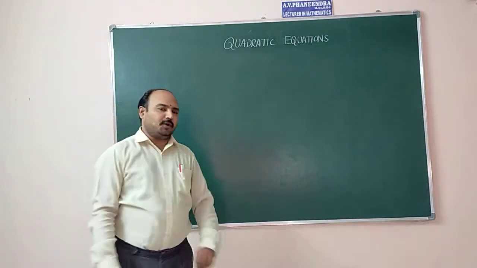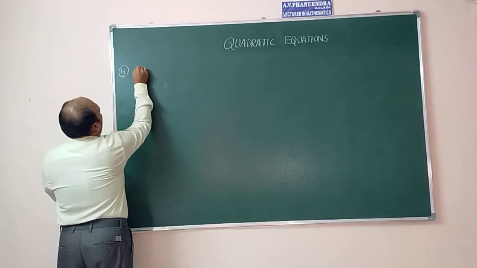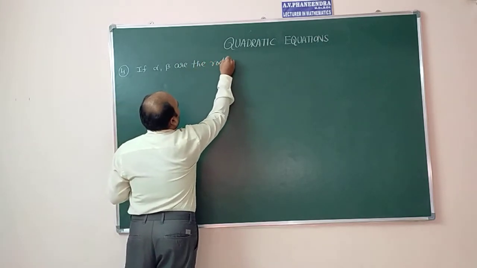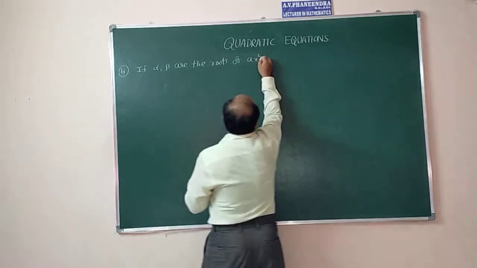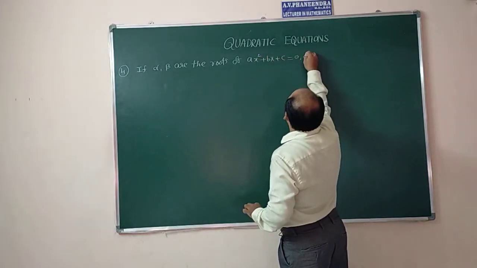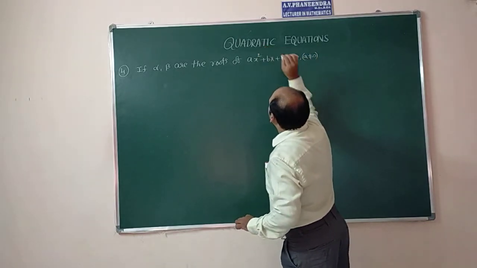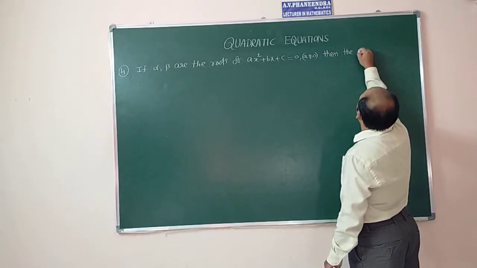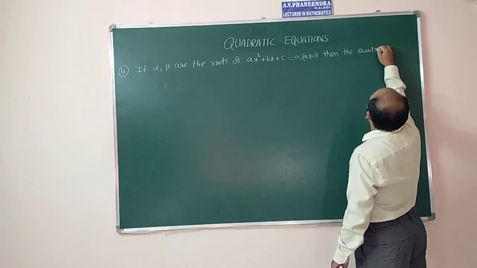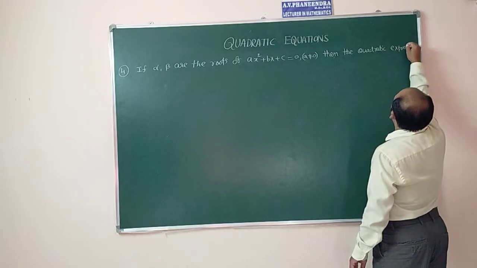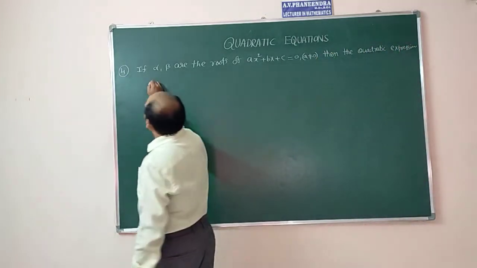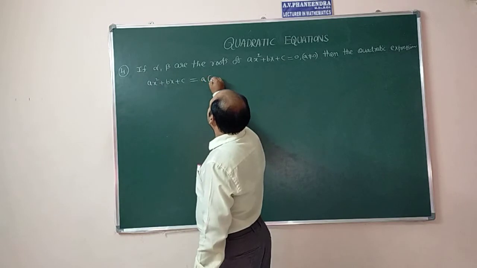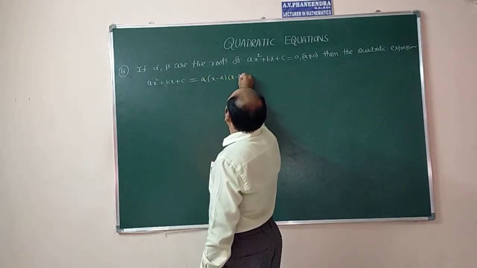In points to remember, fourth point: if alpha comma beta are the roots of ax square plus bx plus c equal to 0, then the quadratic expression ax square plus bx plus c can be written as a into x minus alpha into x minus beta.